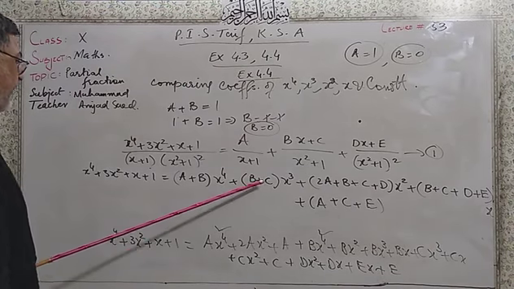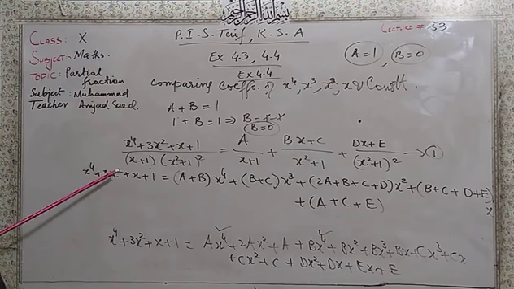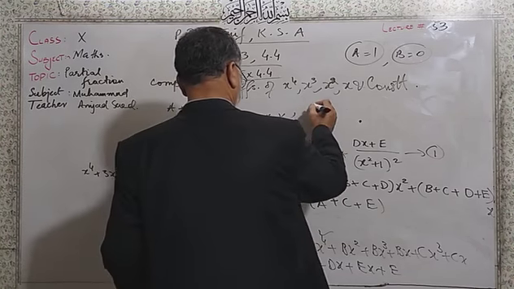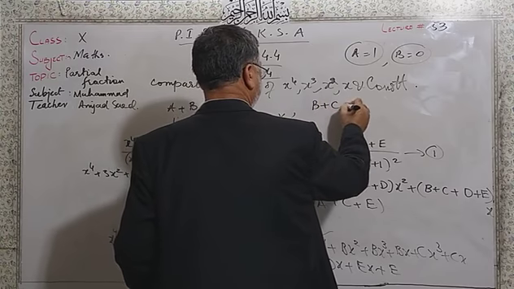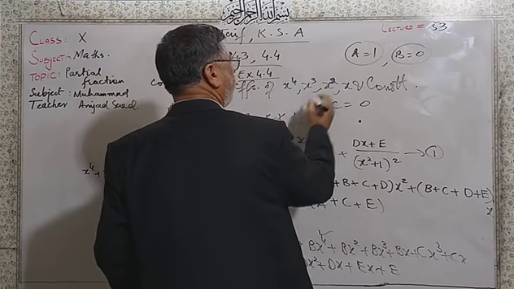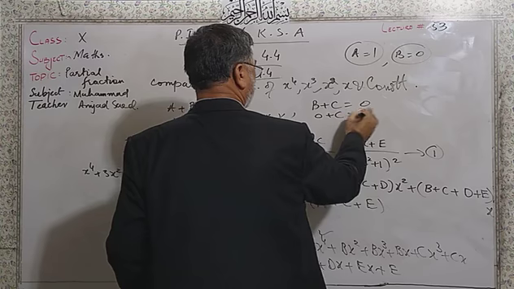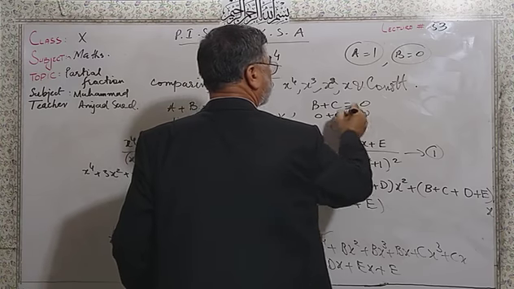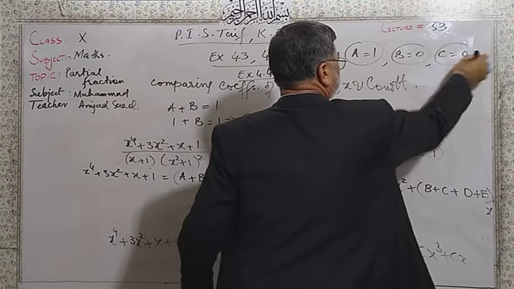Then b plus c is equal to 0 because we do not have the term involving x cube on the left hand side. So b plus c is equal to 0 and b was 0. So c is equal to 0 also.